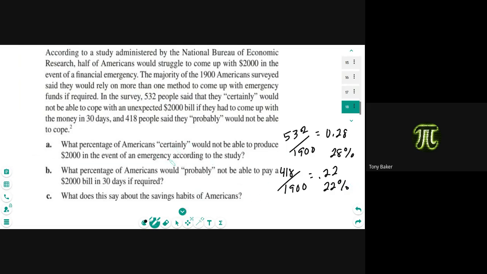Would this group of people not be able to do it too? Would the certainly group probably not be able to do it? Yes, so the total is 50%. You took this number because that's the number they said right there, which totally makes sense. But I would argue that this group right here also would not be able to do it, so they would also fall into the group that probably wouldn't be able to. So 50% of the people in the country would probably not be able to pay a bill of $2,000 if they were given 30 days.